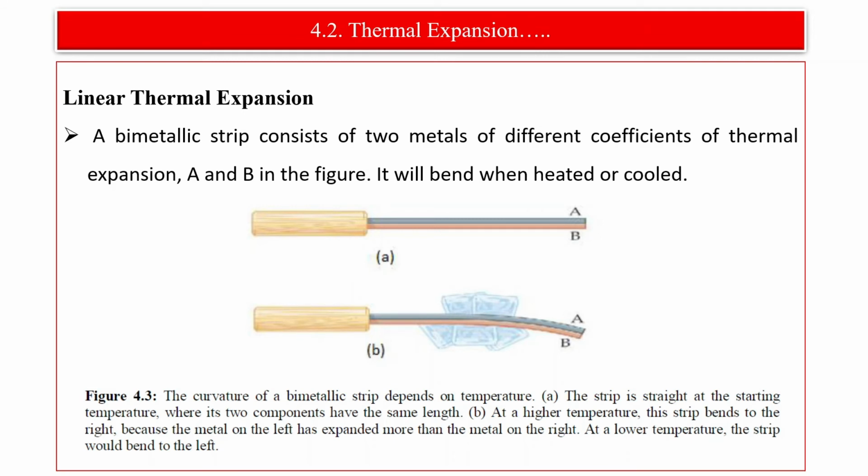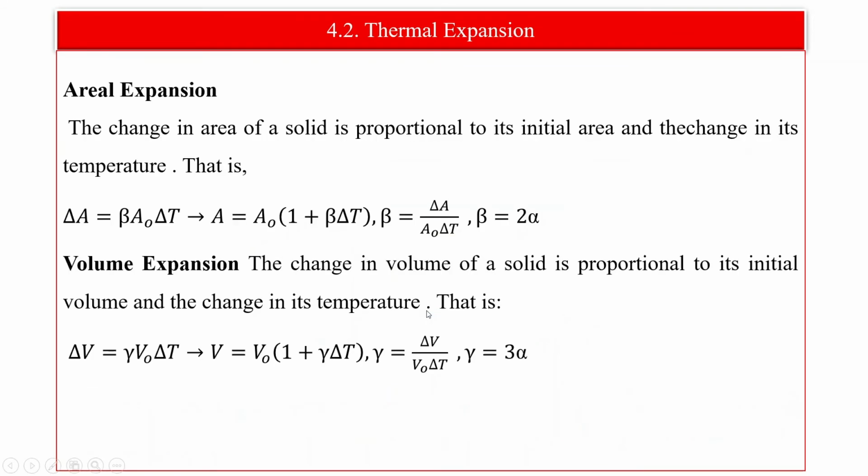Now let's proceed to the next slide. It's about areal expansion. The change in area of a solid is proportional to its initial area and the change in its temperature, that is, change in area is equal to beta, where beta is equal to 2 times alpha.